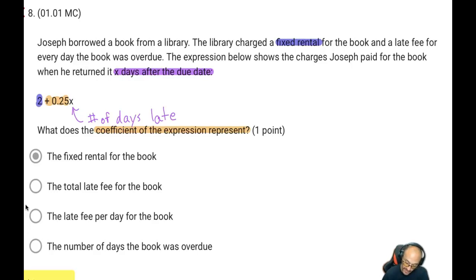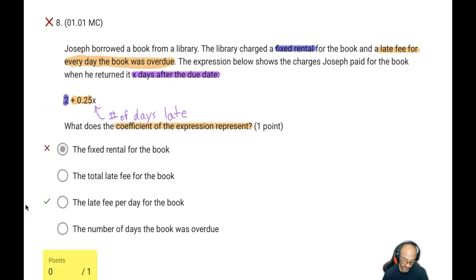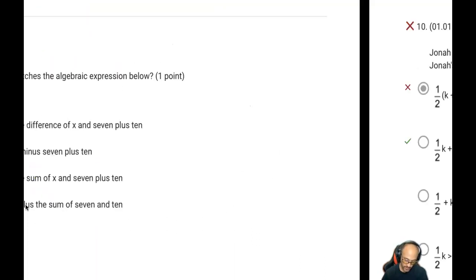And the late fee for every day the book was overdue is the fee they're talking about there, the fixed rental for the book. That's what you answered. But the fixed rental you're not multiplying anything. For every day that the book was overdue, however many days it's overdue, you have to multiply that by the charge for each of the days it is overdue. So 25 cents per day is a way of looking at that. And that's what that one is.